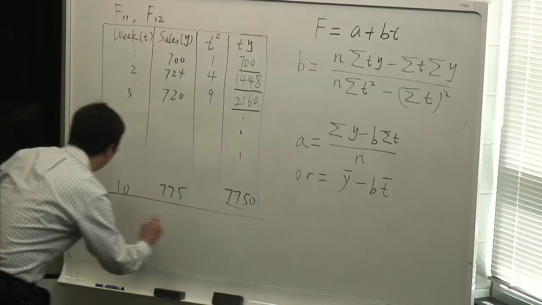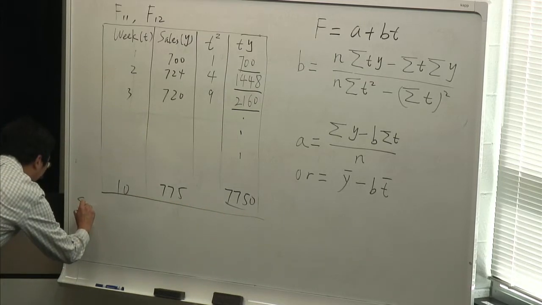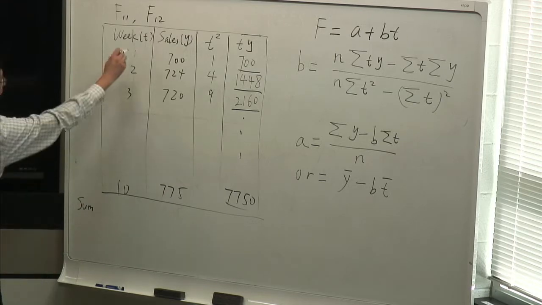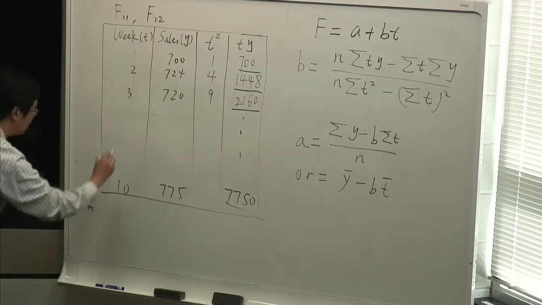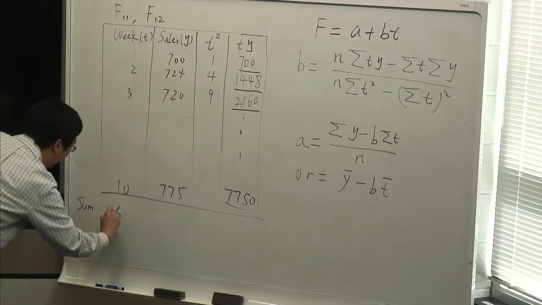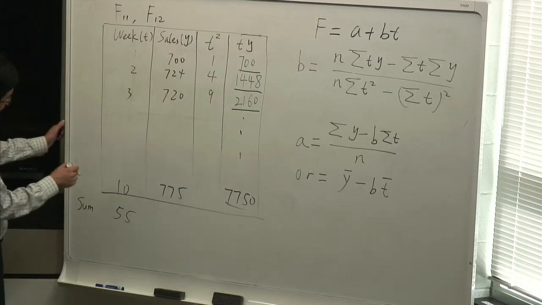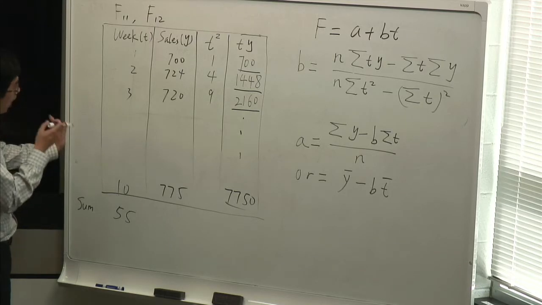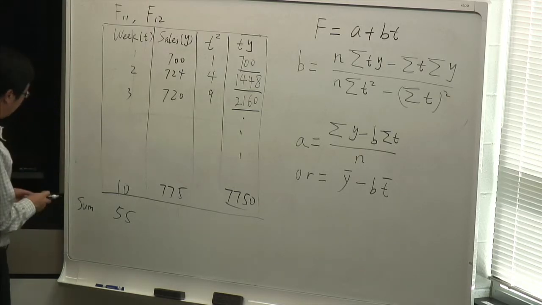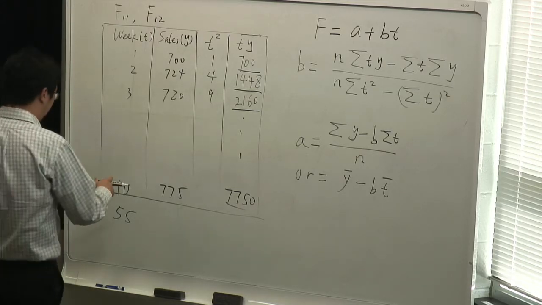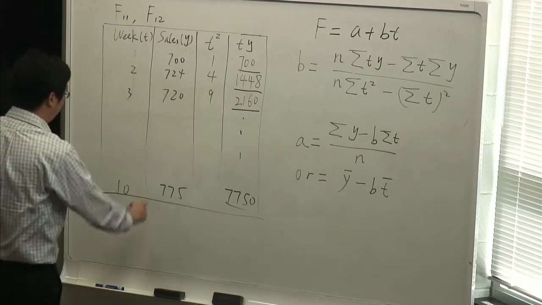So when you finish this table, for the last row, you should add another row called summation. Then summation t should be 55. Correct me if I'm wrong, but I'm pretty sure I'm right. And here is summation y.